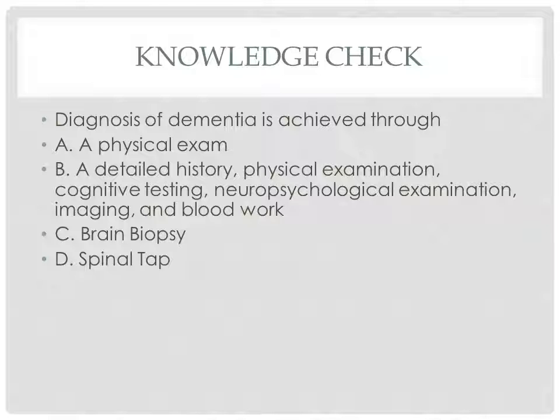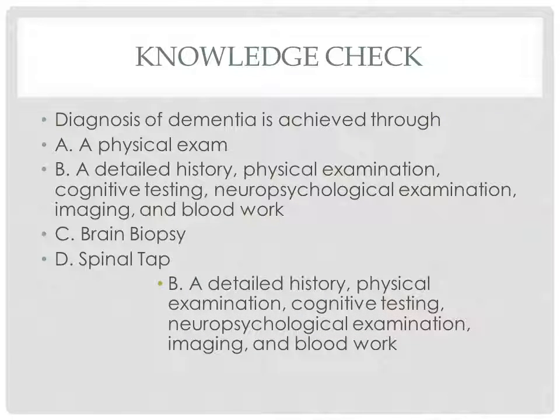C, brain biopsy. Or D, spinal tap. If you chose the letter B, you are correct. Diagnosis of dementia is achieved through a detailed history looking at chief complaints, physical examination, cognitive testing, neuropsychological examination, imaging, and blood work.